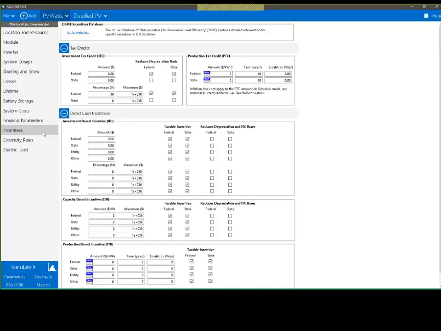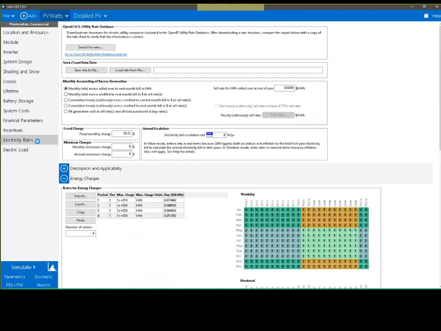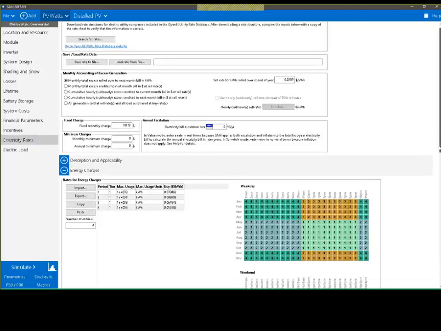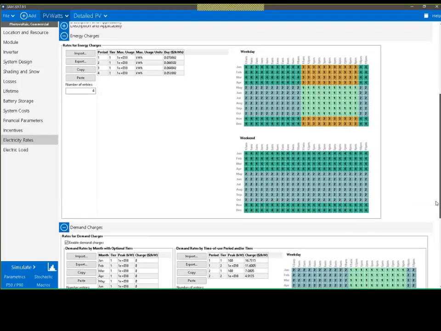And then, as Eric and John mentioned before, the value of the electricity is very important. And that's determined by, for these types of projects, the rate structure, the electricity rate. So what's the price of electricity that you're paying, and that is going to be offset by the electricity generated by the PV system.